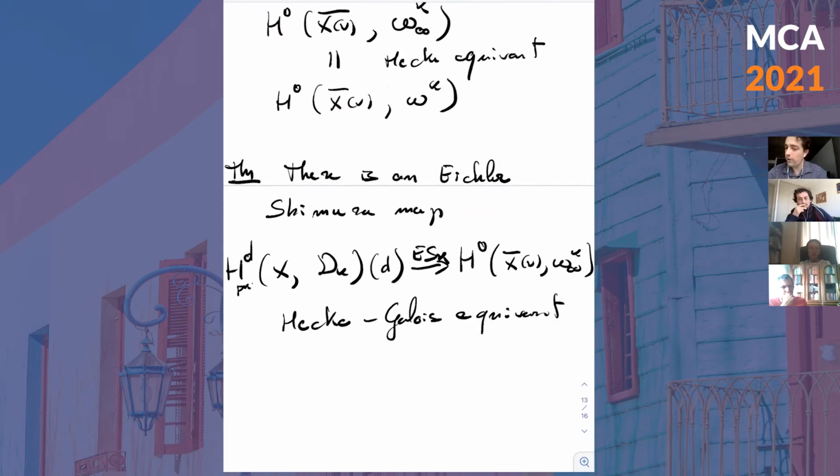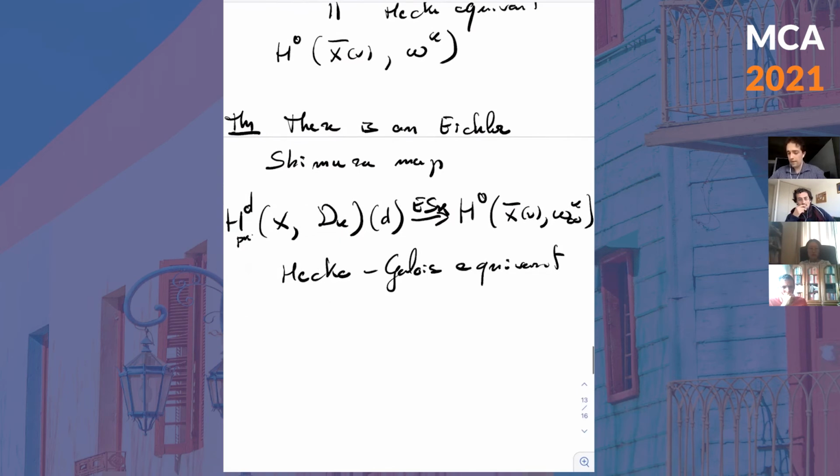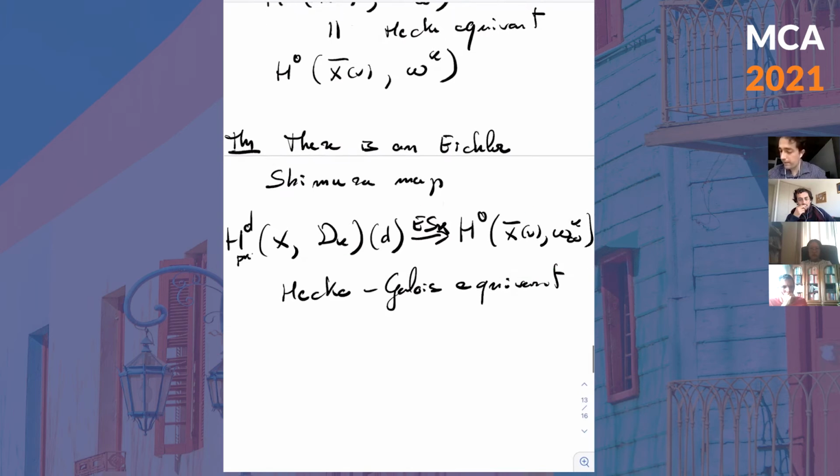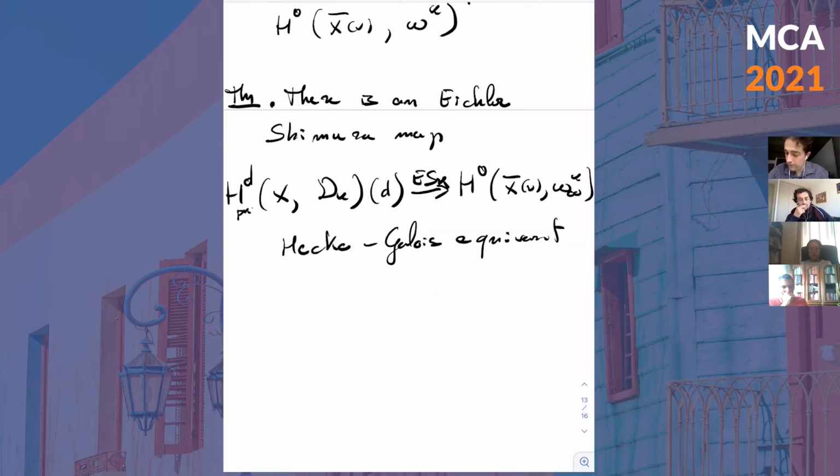There is no action on Galois cohomology, but there is some action on this pro-Kummer-étale cohomology. This you should just think of as the cohomology of the local system. I just put pro-Kummer-étale because later, to tell you how to construct this, we will need the pro-Kummer-étale site. But the idea is that, as before, all the stuff that happens for a fixed weight happens also in families. And let me tell you something more for the theorem.